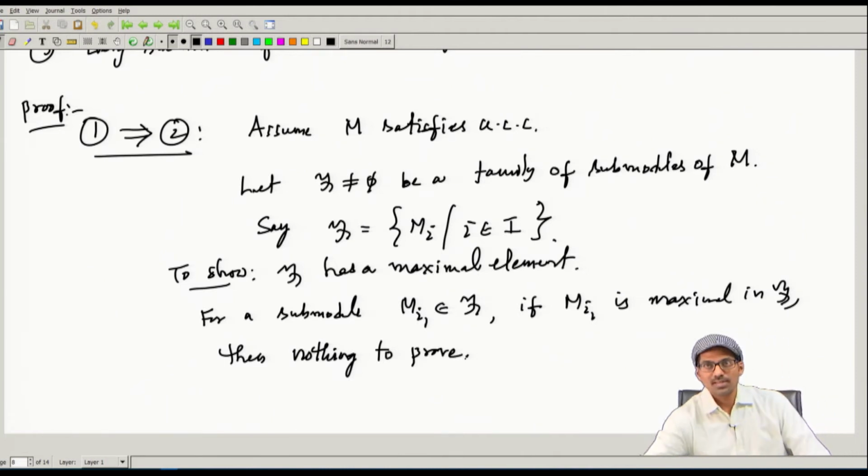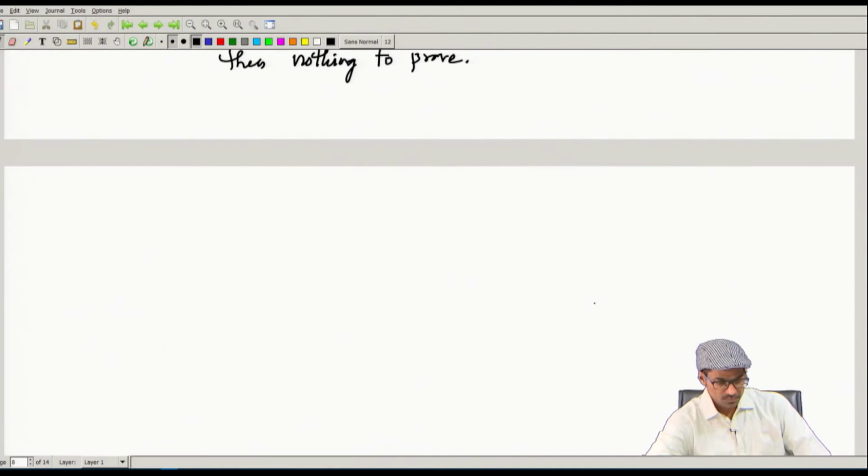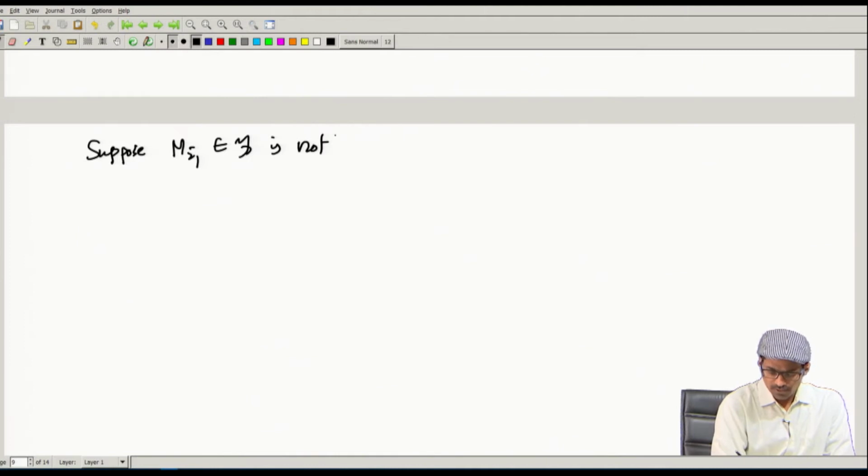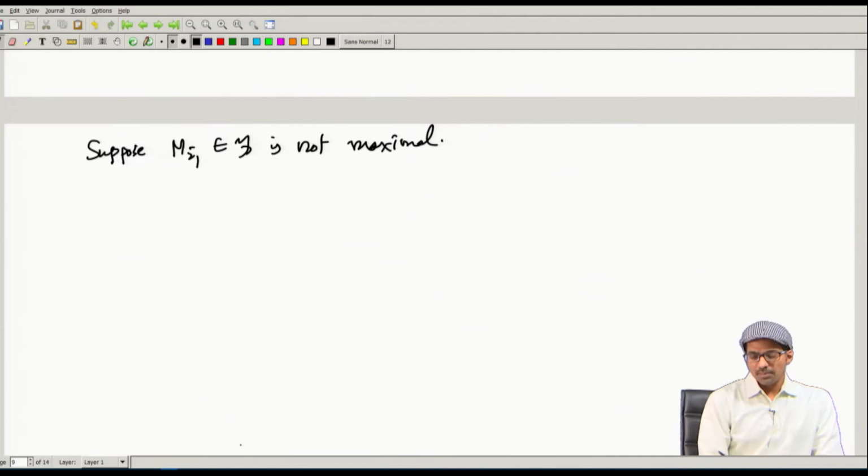Suppose M_i1 belonging to F is not maximal. Then what does that mean?